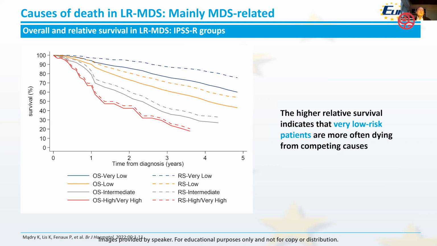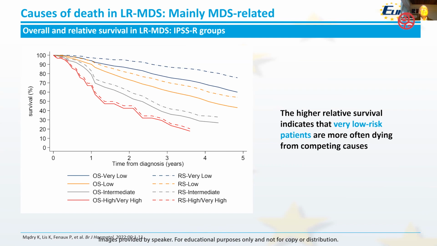Yeah, but here the last slide, which is still on the screen, you can see that all what you're saying is correct, but if you compare the highest risk group with the relative survival in the general population, you see that the survival is overlapping.